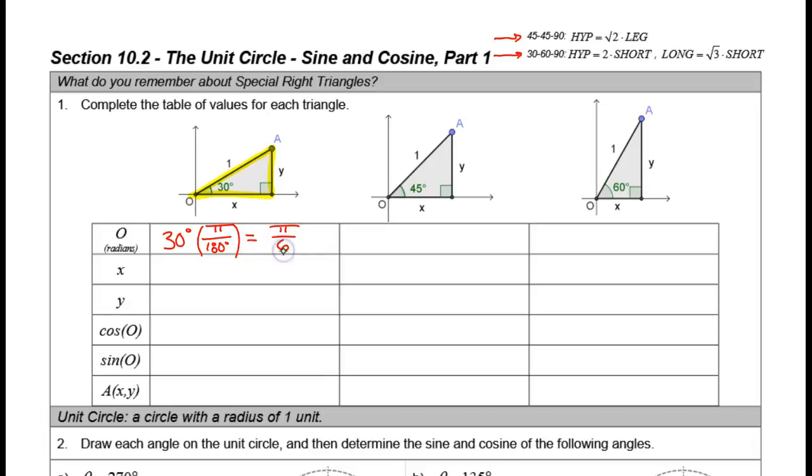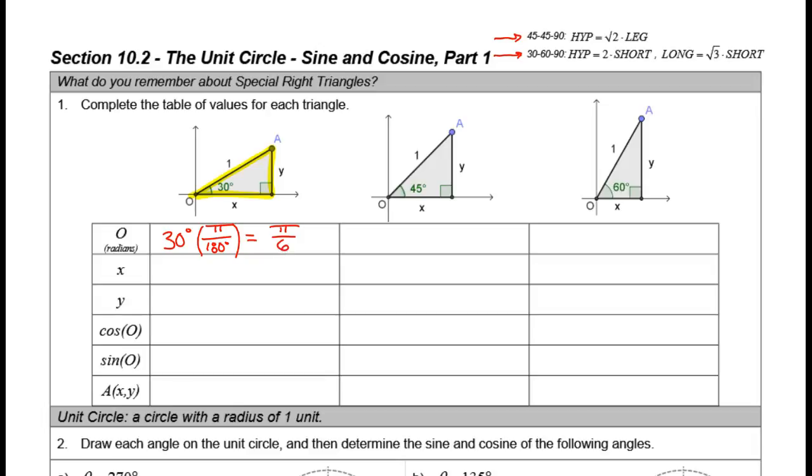Now, folks, I'm going to be honest with you. After working with radian angle measures for a couple days, you shouldn't need to do that conversion factor every time. They should start to come naturally to the point where you just know that 30 degrees is pi over 6 radians.